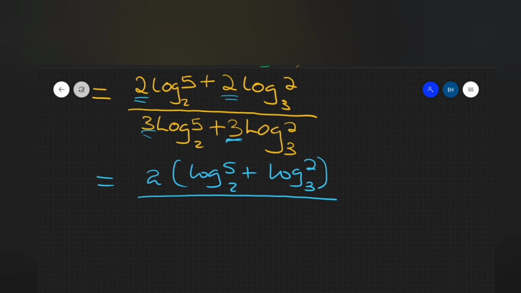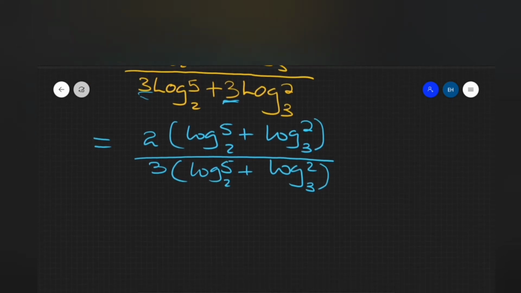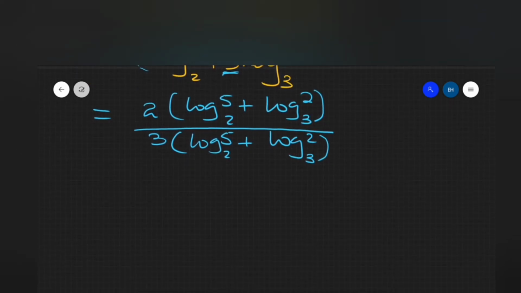Then all over, here we factor out 3, and we are left inside the bracket with log 5 base 2 plus log 2 base 3. You observe again what is happening: the numerator is equal to the denominator, so they can easily cancel. So you'll be left with what? 2 over 3. That will be your correct answer.